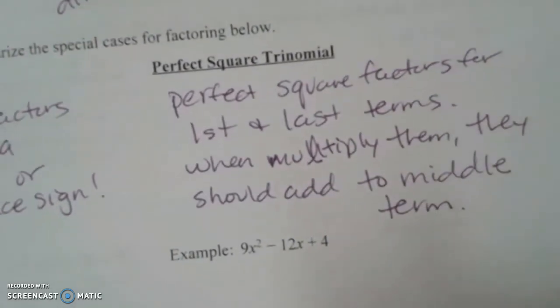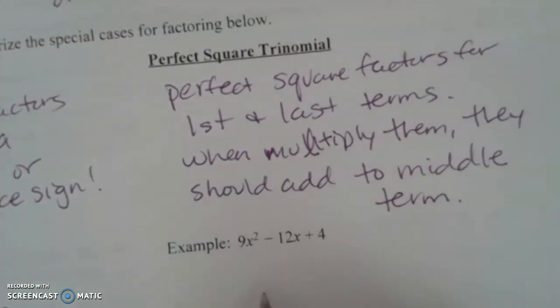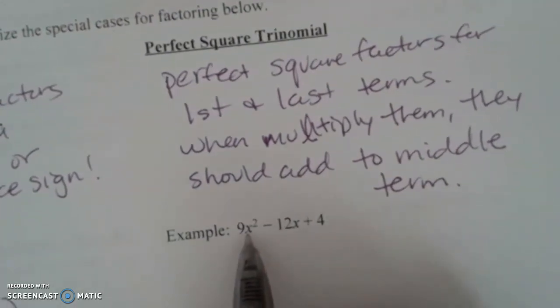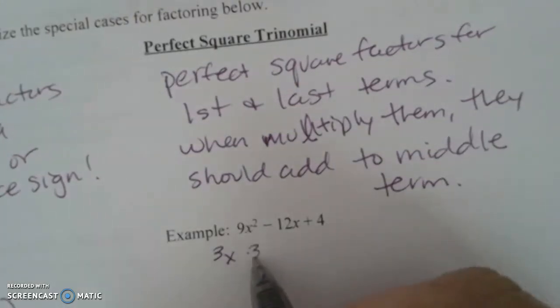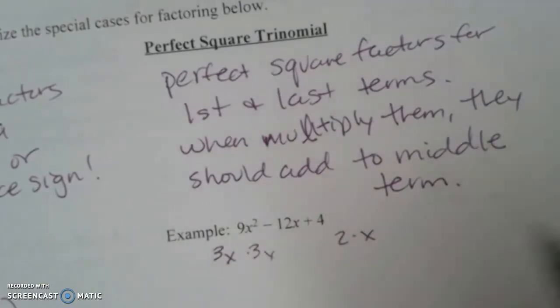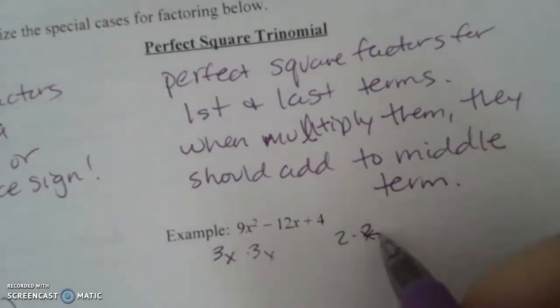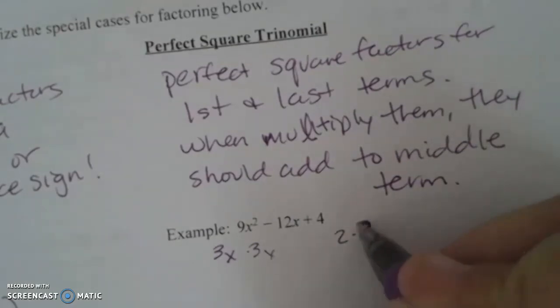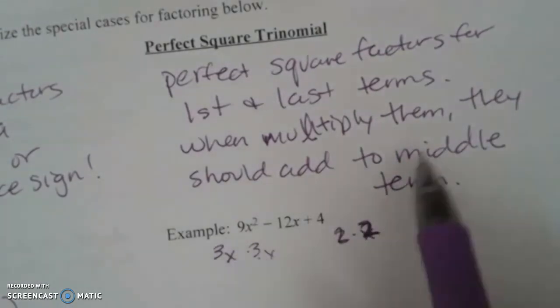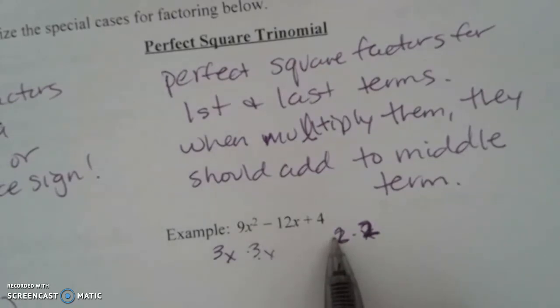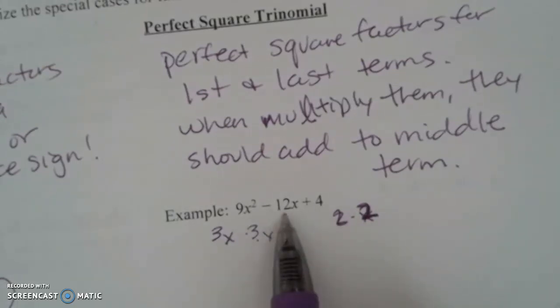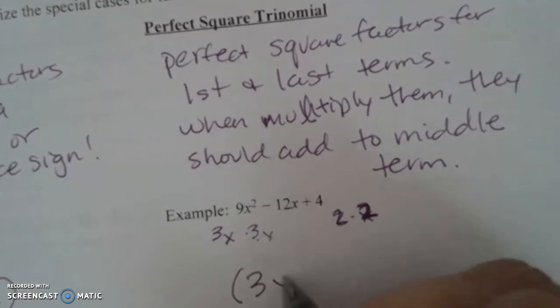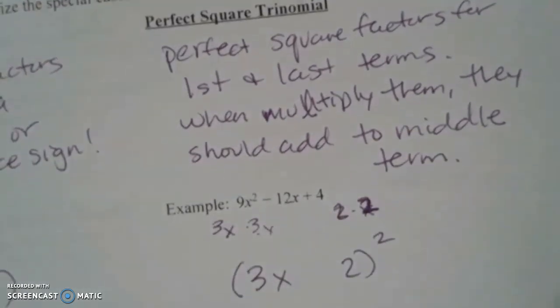Let me explain what I mean. Perfect square factors for the first and last terms. This is 9x squared. This is 3x times 3x. And this is 2 times 2. And when I multiply them, a 3x times a 2 is a 6. And a 3x times a 2 is a 6. So 6 plus 6 make 12. So I know it's going to be 3x and a 2 squared.